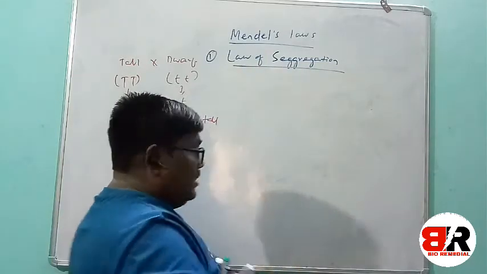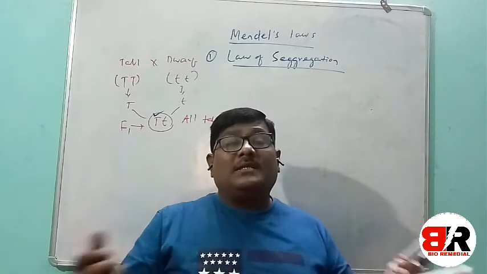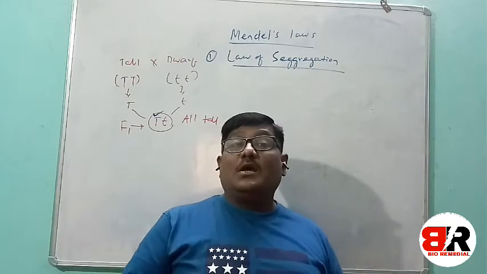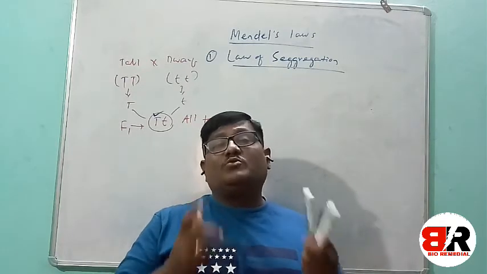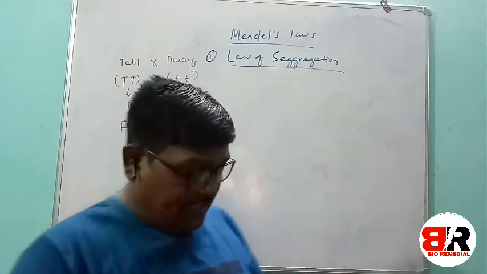The pair of factors controlling a trait are separated during gamete formation. We all know a gamete carries one of the two factors controlling a trait. So these two factors are segregated during gamete formation. This is all about the law of segregation.